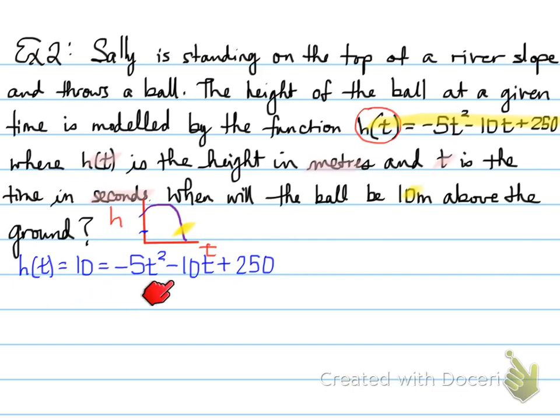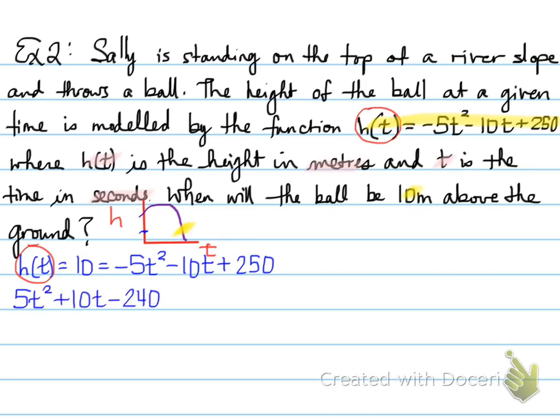Now, a lot of you are going, okay, well, what do we do now? Well, now we factor. No, not yet, folks. The reason why is to factor, the other side's got to be 0. We don't have a 0 here. So what do we do? We move everything to the side that the t squared is positive to get the 0 on one of the sides. That is, we're moving everything to the left, folks.